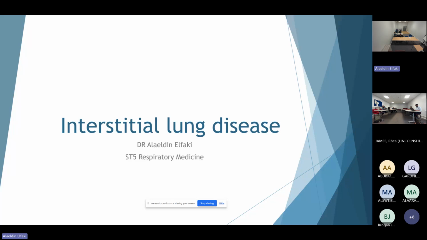Basically, interstitial lung disease is part of the restrictive pathology that affects the lungs, and it mainly affects the interstitium of the lung, which is the area between the alveoli and the capillary. This is why it results in respiratory failure and a high A-a gradient when you do a blood gas, and probably results in stiffness of the lung and poor compliance.